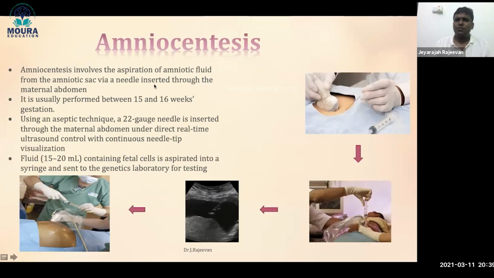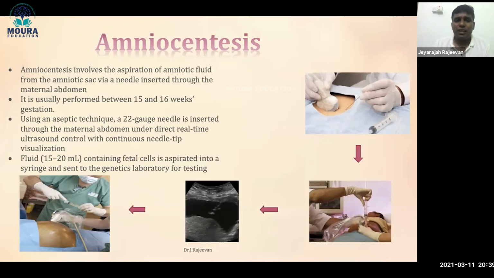You can do amniocentesis in early POA, which is called early amniocentesis, but the problem is it has a lot of complications. The miscarriage rate is around 7%, and it can also cause talipes and Potter's syndrome. Those are the complications of early amniocentesis.